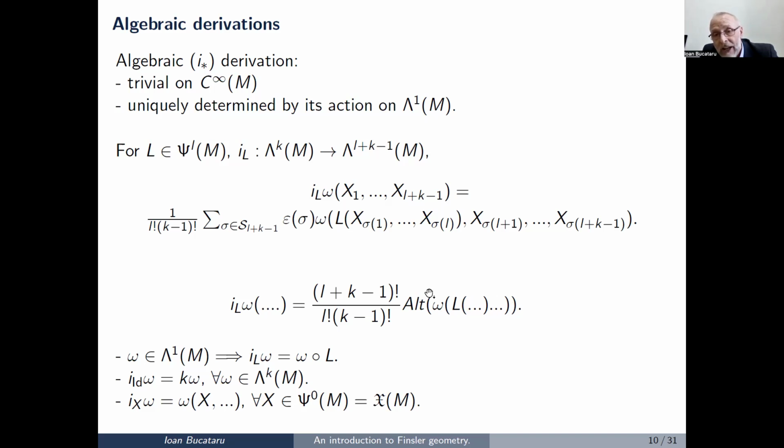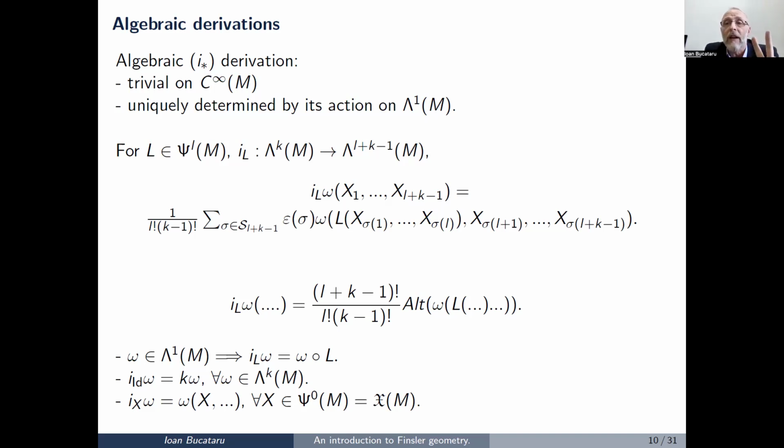If you take omega of L and everything that you can put there, you may not have a (K plus L minus 1)-form. So what you do, you take the alternation of this tensor and you correct it with this term here because of the Leibniz rule. This correction is one that people sometimes use when defining the wedge product, sometimes they don't. I do use it.